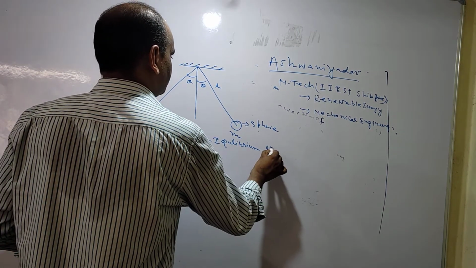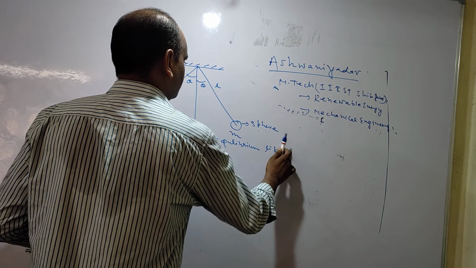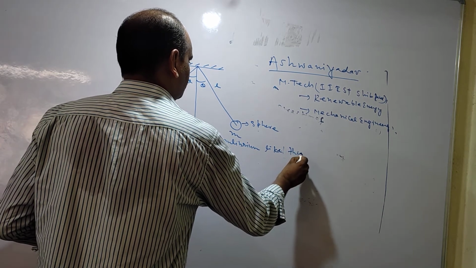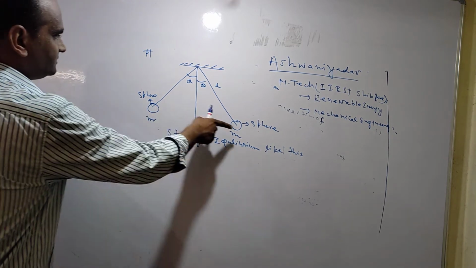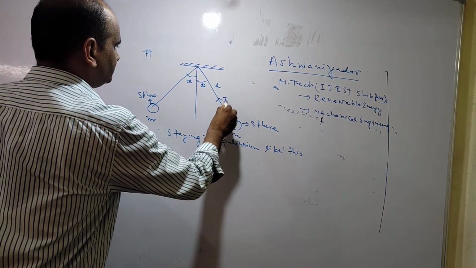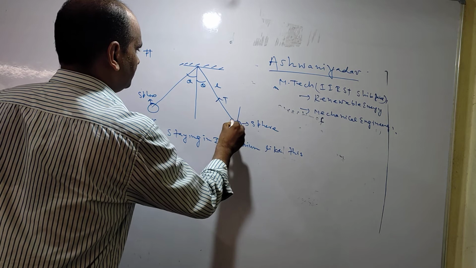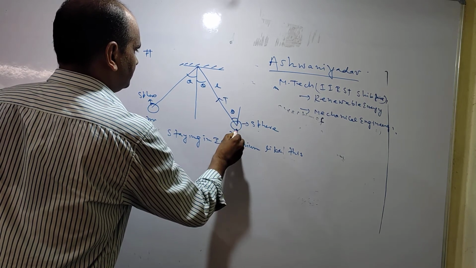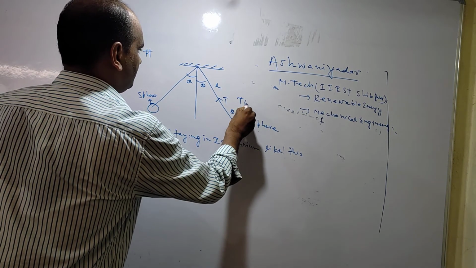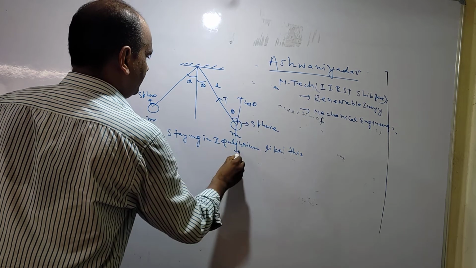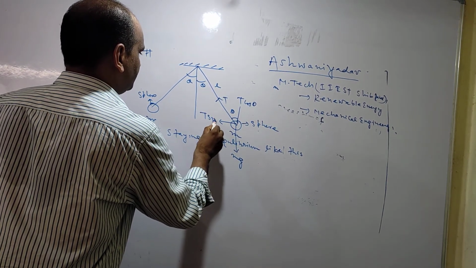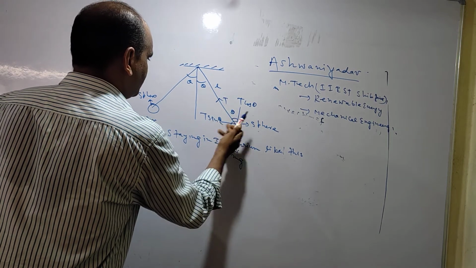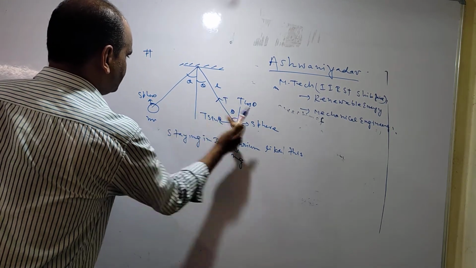You have to find why it is like this, because the tension force is along this direction at angle theta. This is T cos theta, here is mg, and this is T sin theta. Then why is it not hanging straight down?